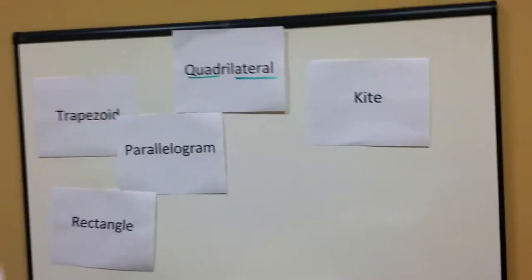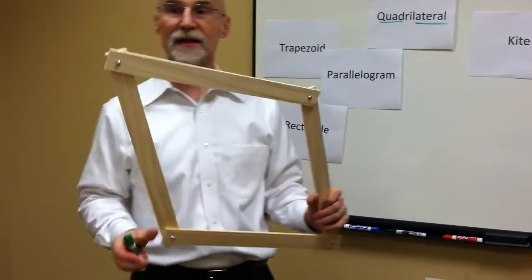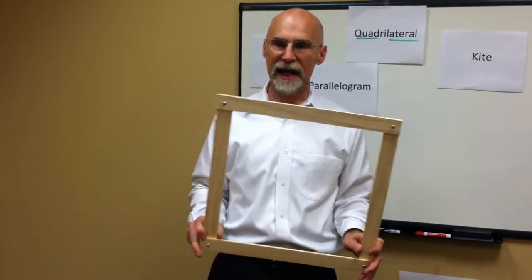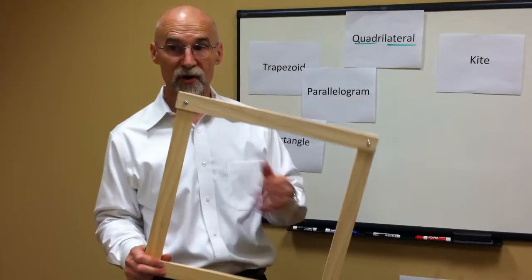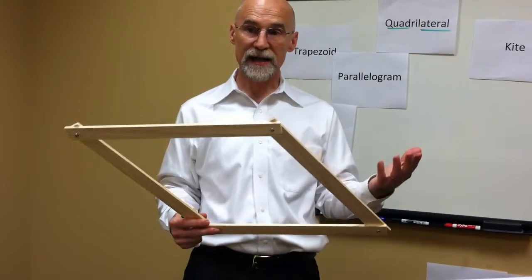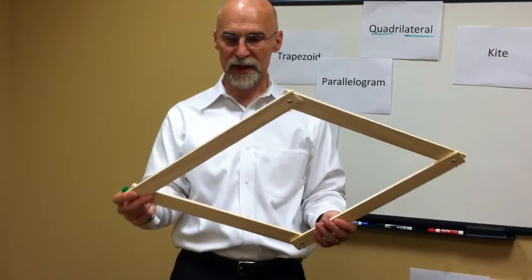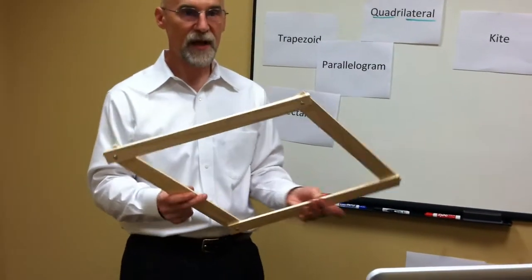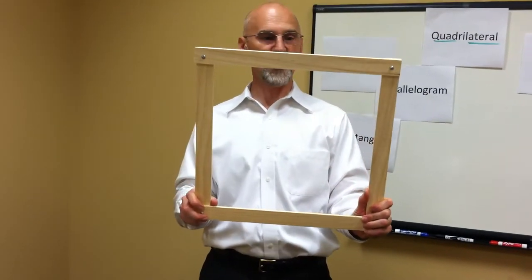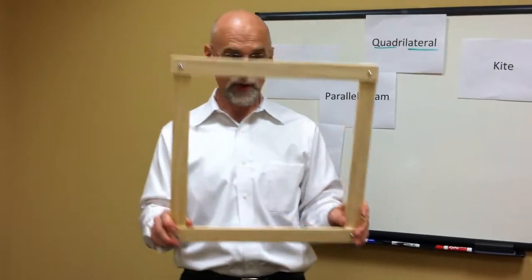Moving on, we have a little bit larger piece here that has a little bit more specialized features. Now, each of these that we have looked at can also be a part of the earlier classifications. As we can see here, the kite had two pair of adjoining sides that were the same length. This shape has that. This shape can be turned so that it has four 90-degree angles, which would make it a rectangle, which it is.